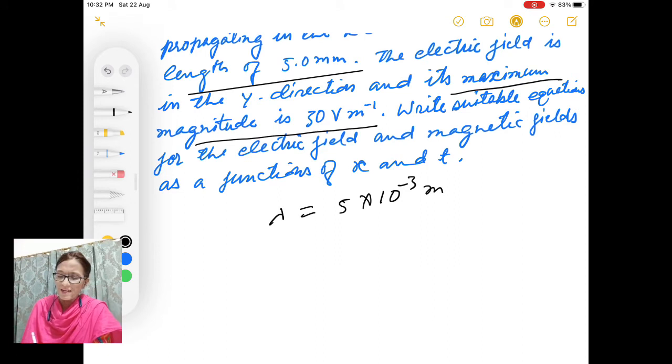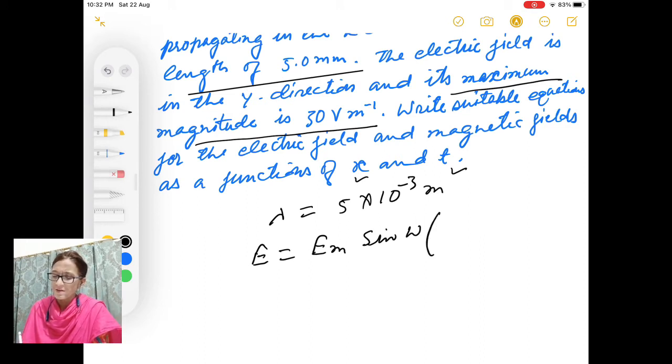So we know that a traveling wave, an EM wave, in terms of electric field is equal to E amplitude into sine, and we have to write in terms of x and t. So we will contain x and t.